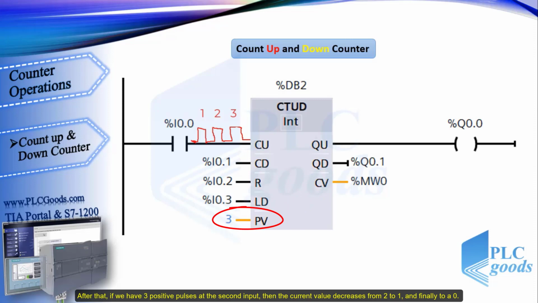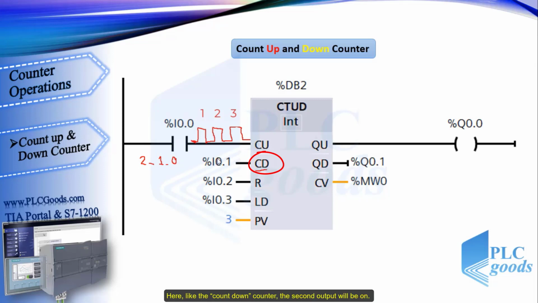After that, if we have 3 positive pulses at the second input, then the current value decreases from 2 to 1 and finally to 0. Here, like the countdown counter, the second output will be on.